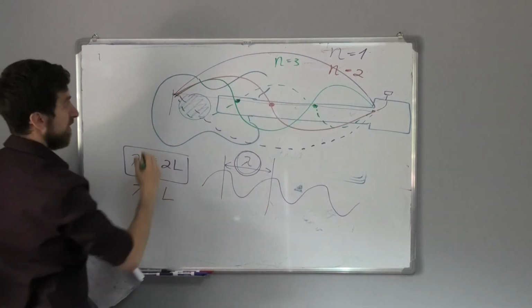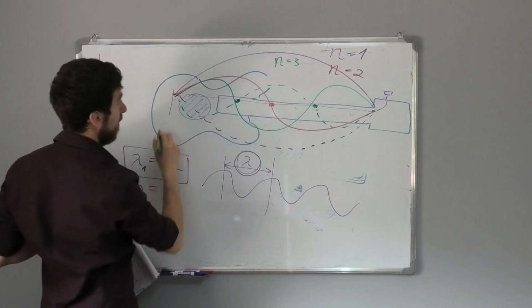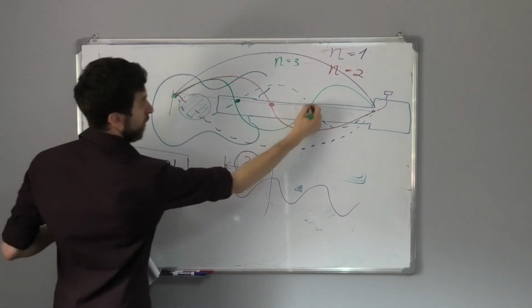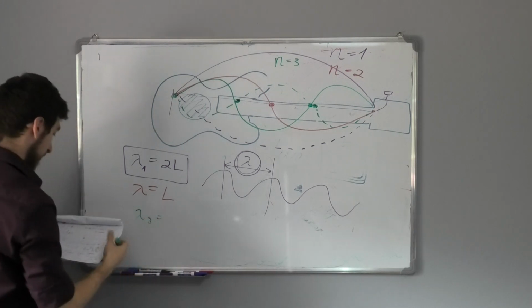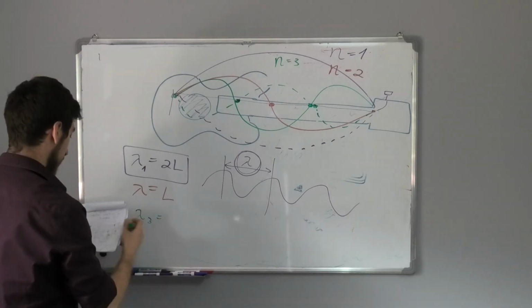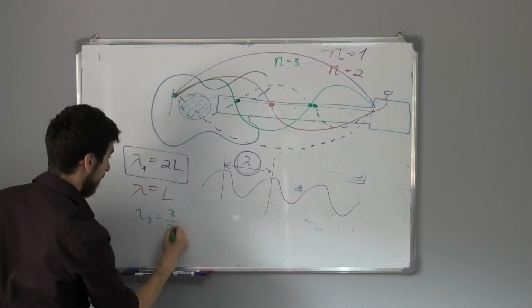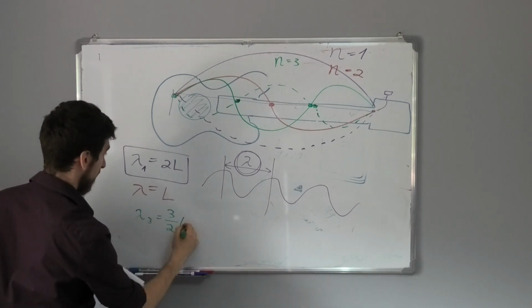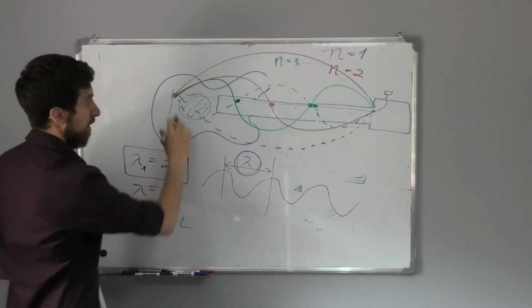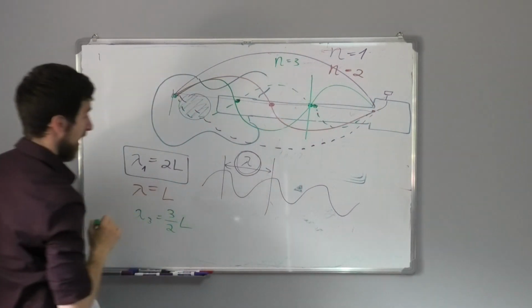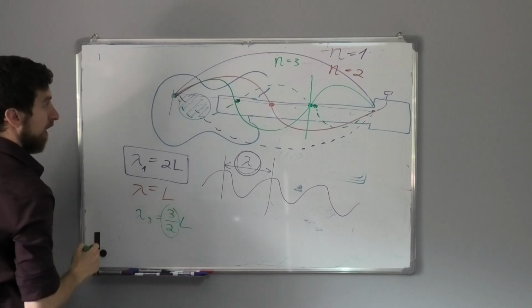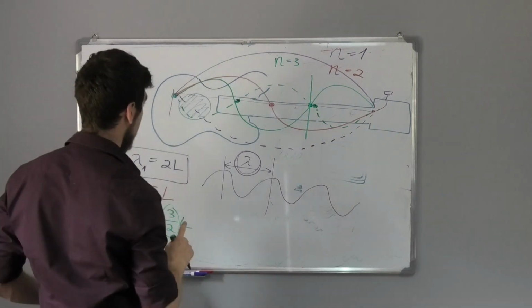And what is lambda right now? From that point to that point is lambda 3, right? Equal to 3 over 2 L, right? Sorry, wait a second.